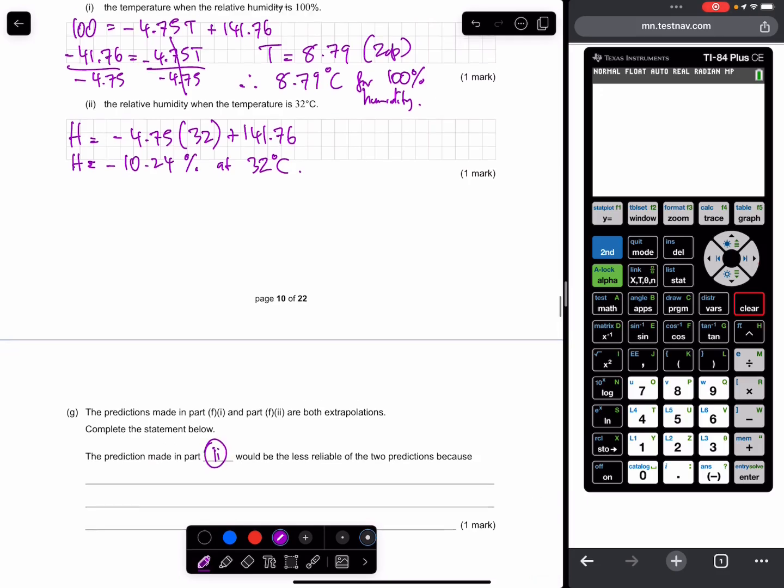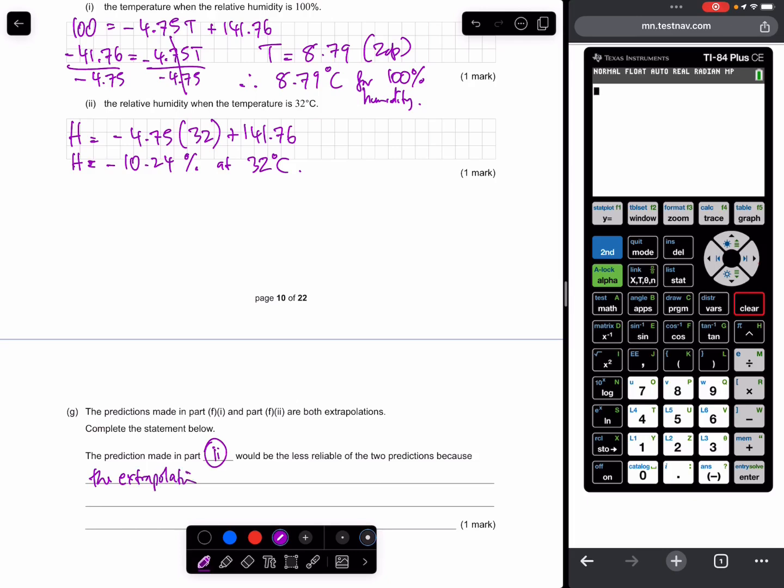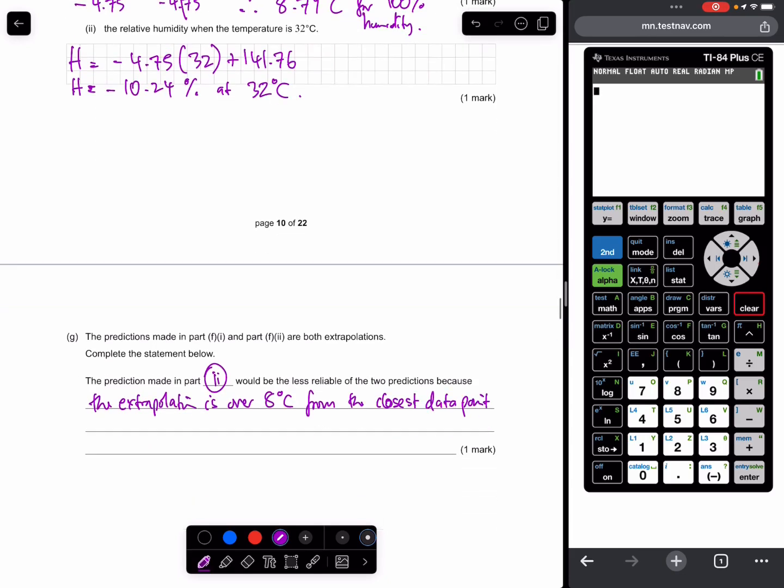Part 1 is more reliable because part 2, because the extrapolation is over 8 degrees Celsius from the closest data point versus only 3 degrees Celsius in part 1.